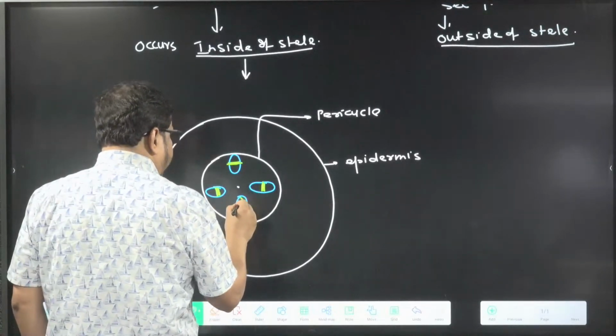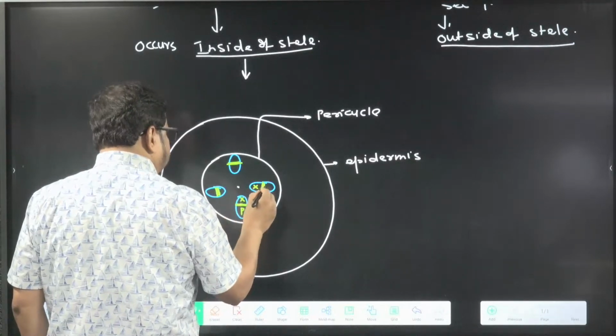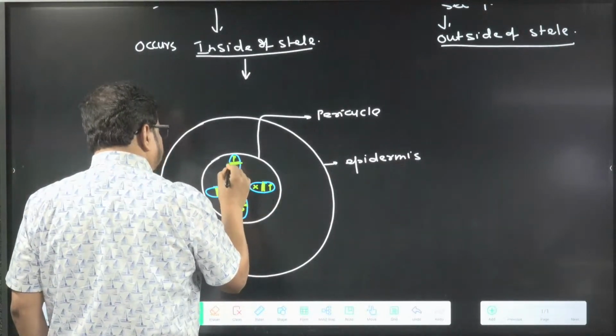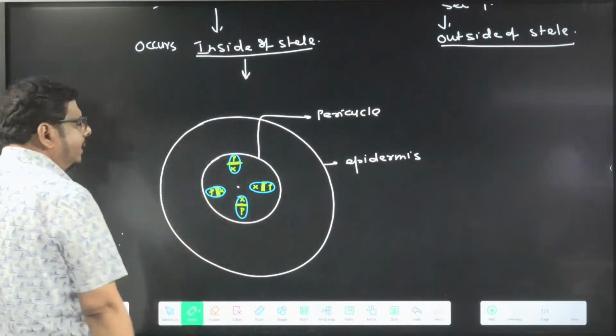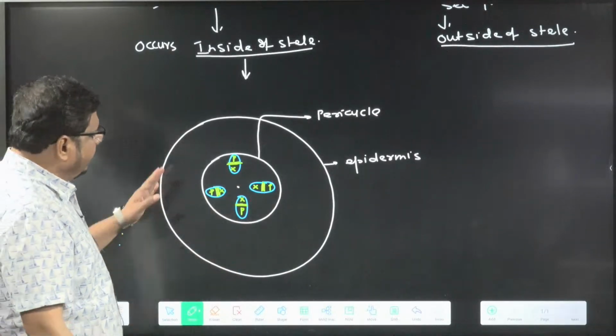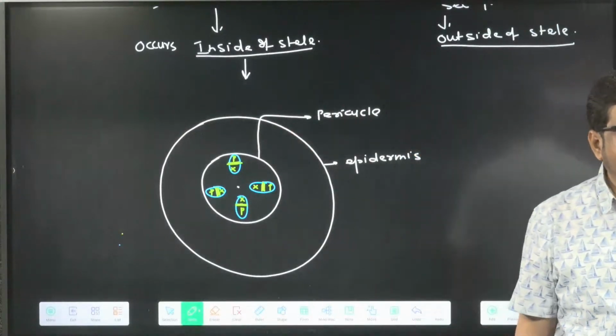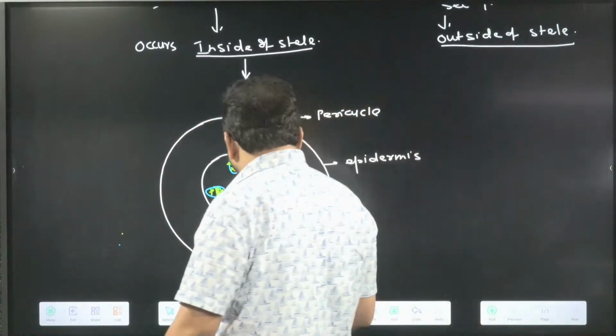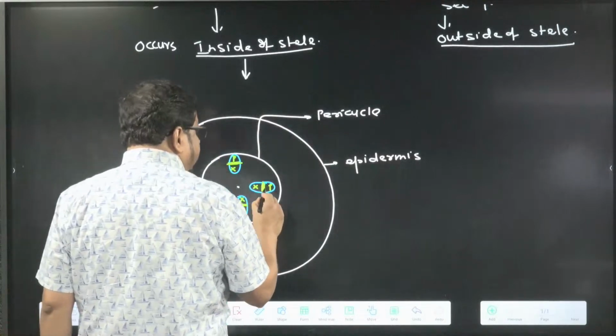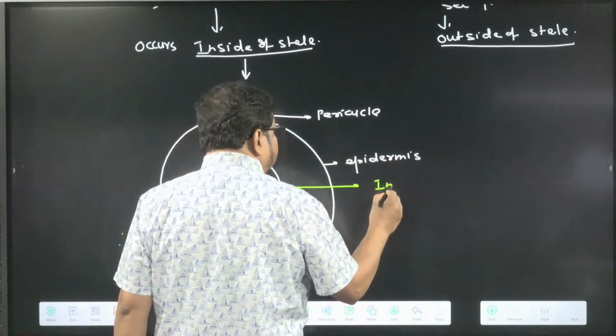Inside it is xylem, outside phloem; inside xylem, outside phloem; xylem, phloem, xylem, phloem. Are you getting the idea? So in the primary plant body, this is present. So cambium is there. Which cambium is there here? Intrafascicular cambium is there.